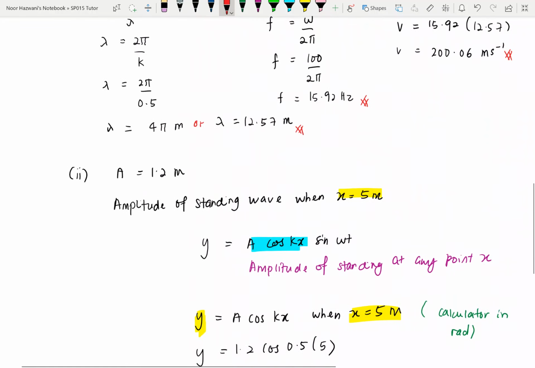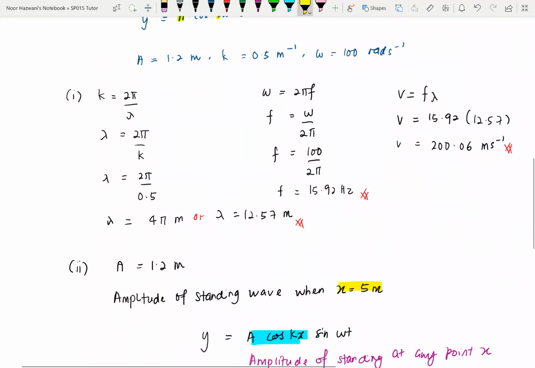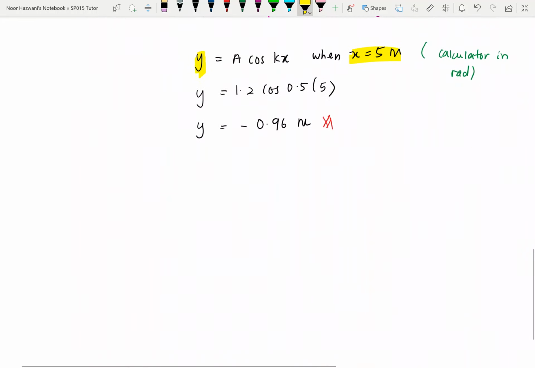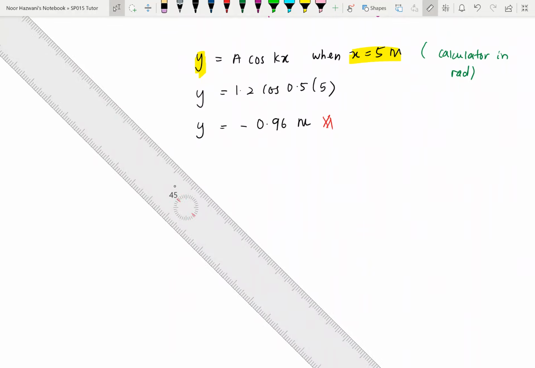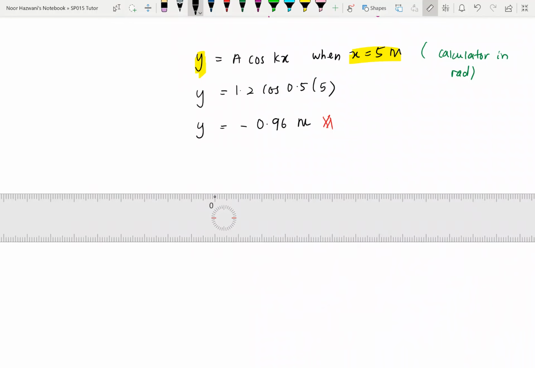Okay, and then the last one, dia tanya kita, what is the distance between consecutive nodes? Okay, so kalau consecutive nodes, so better kita lukis lah. Nak tengok kan nodes to nodes tu jarak dia berapa lambda, so kita lukis.